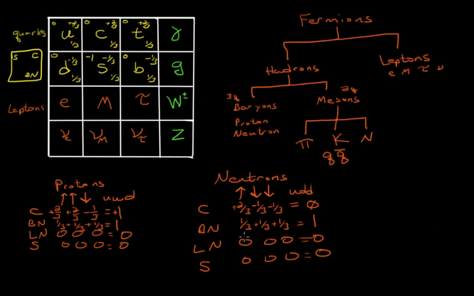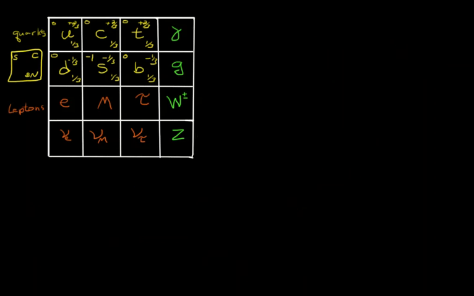Okay, so let me give you an example of that. Nuclear decay equation: a neutron decays into a proton by emitting an electron and an electron anti-neutrino.